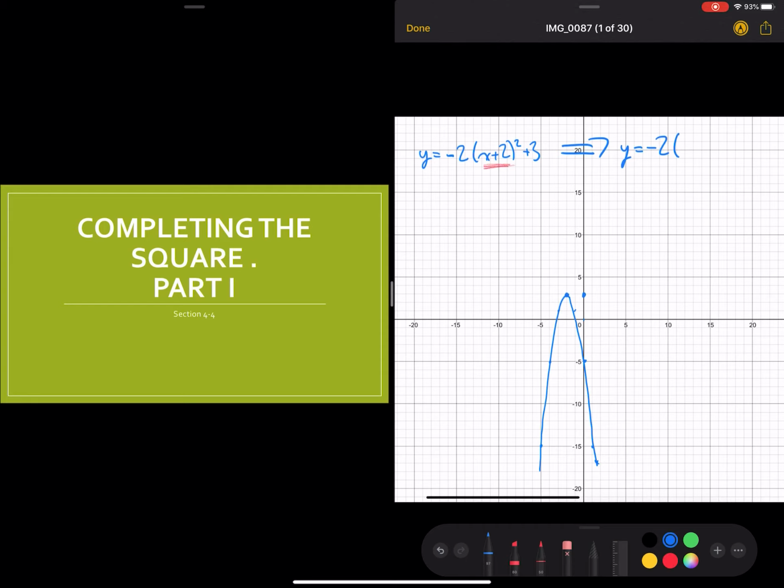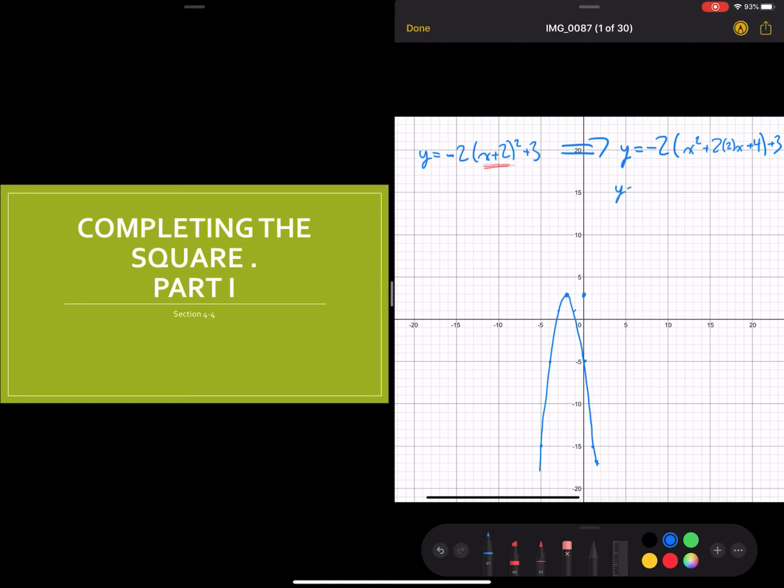And if you remember the formula, it was square of the first plus 2 times the first times the second, plus square of the second, plus 3.